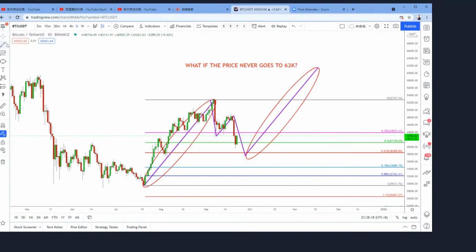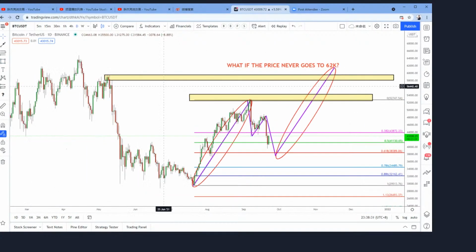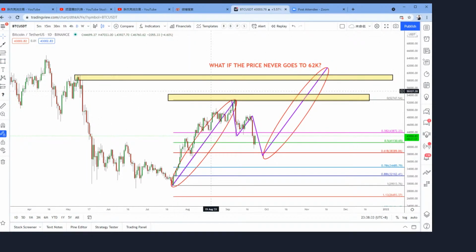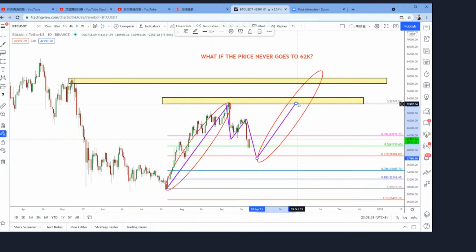Then you have to think, why does the price fail to go to 62K? Oh yeah, probably it will be rejected somewhere here or somewhere here, because I do see this kind of resistance. So that gives you the clue. The price may go to here, and if it fails to break 52K, it may go down again.